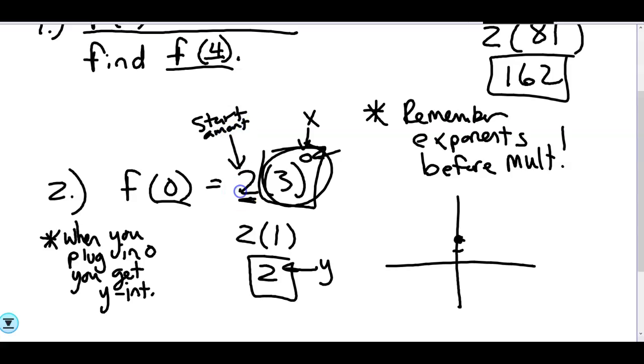The starting amount equals the y-intercept. So we've learned a couple things here. Exponents before multiplication. When you plug in 0, you get a y-intercept, and it's basically going to end up being your starting amount. Cool?